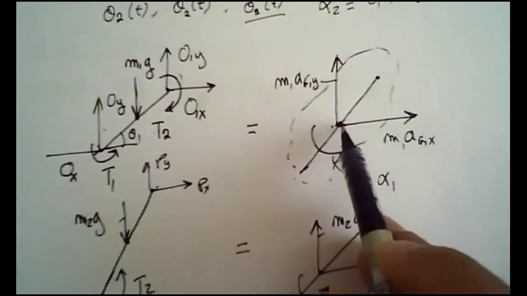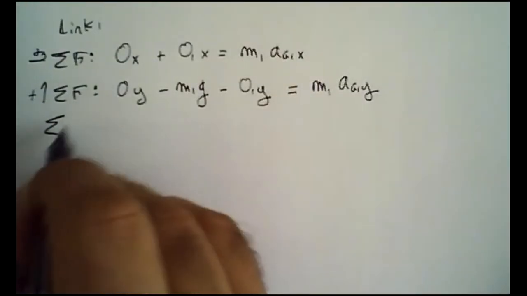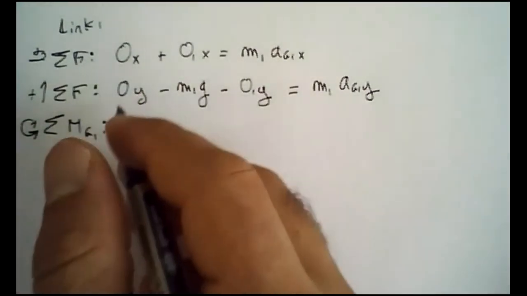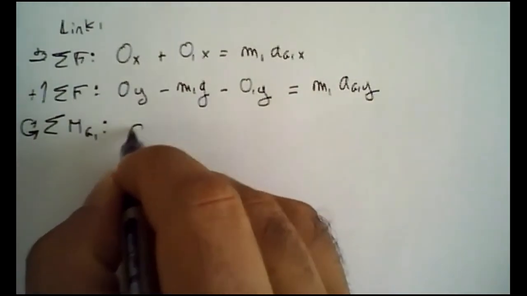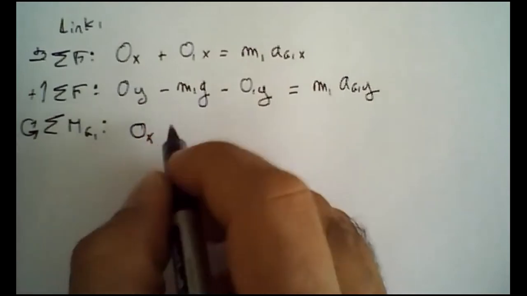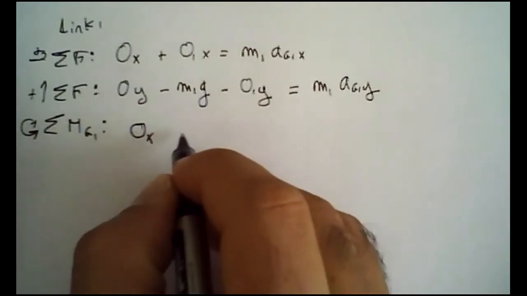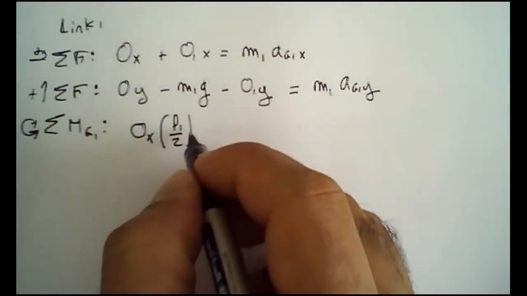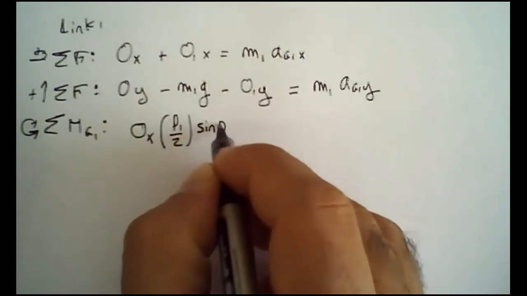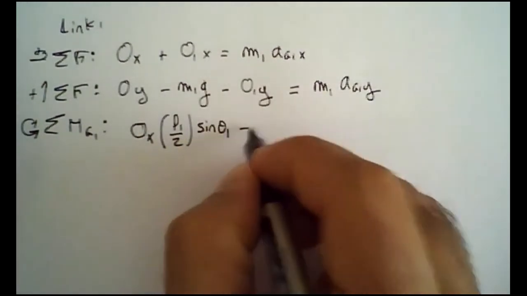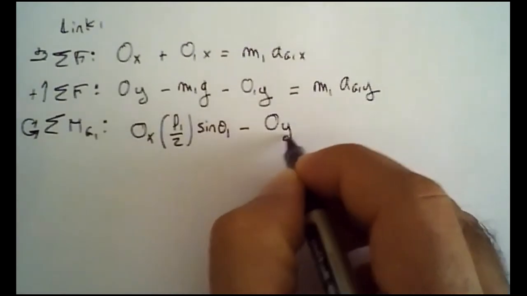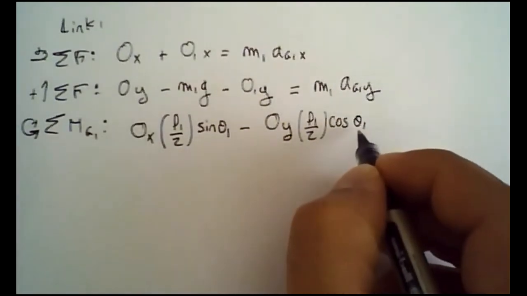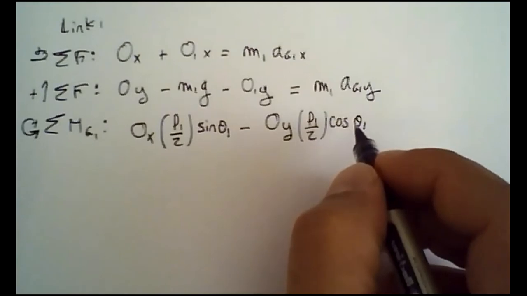I'm going to choose the center of gravity, so I sum the moments about G1, with counterclockwise as positive. OX multiplies the distance L1 over 2 times sine theta 1, and OY is in the opposite direction, so OY times L1 over 2 times cosine theta 1. MG will create no moments.